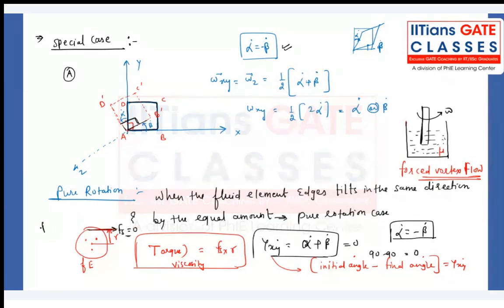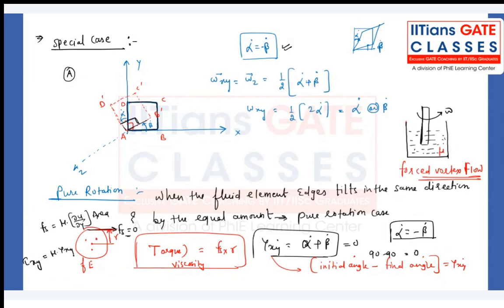We know that mu into dou u by dou y into area, right? So here my difference, what is happening? Dou u by dou y exists, right? Or we can write shear stress directly. What is the shear stress? Shear stress, what can we write, guys?